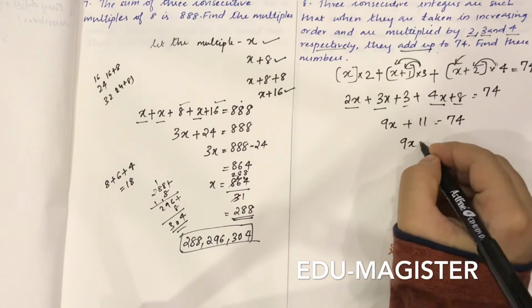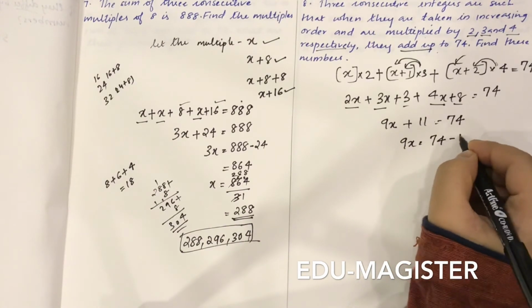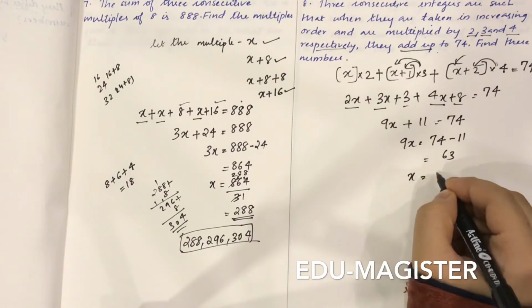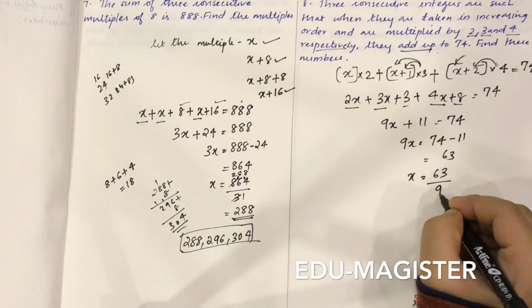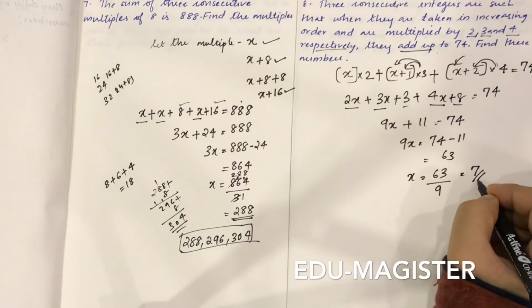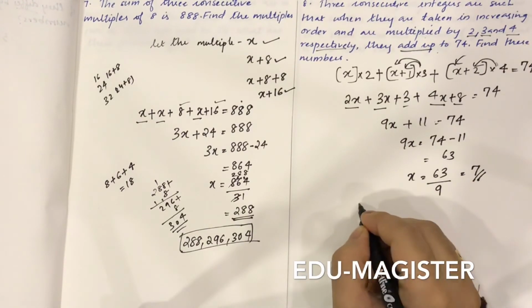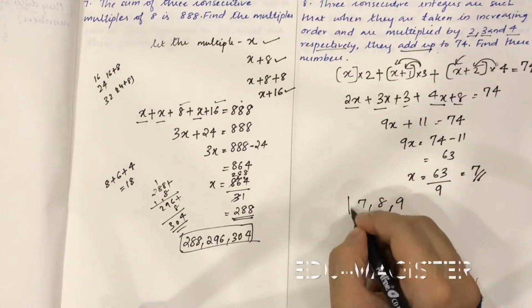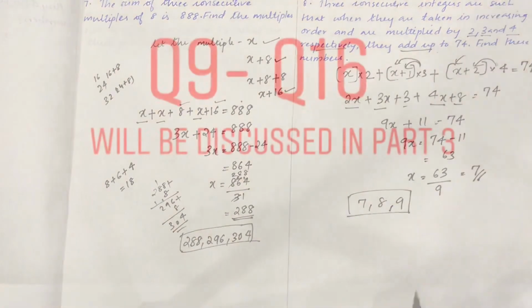So 9x is equal to 74 minus 11, which is equal to 63. So what is x? 63 divided by 9, which is equal to 7. So what are the integers? 7, 8 and 9 are the consecutive integers.